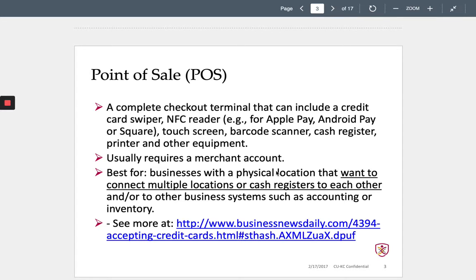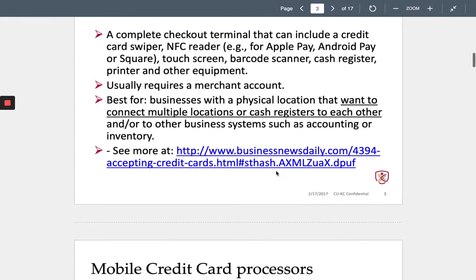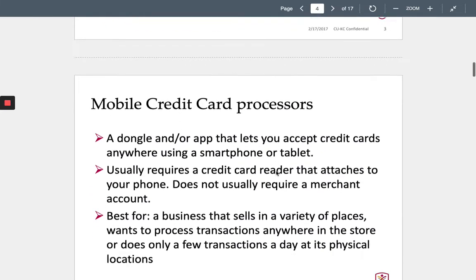So ChiroTouch's additional module will allow you to slide that credit card, put in the transaction amount, and then it will directly feed into your bookkeeping system or EHR. That is one of the great things about that. That's really nice.